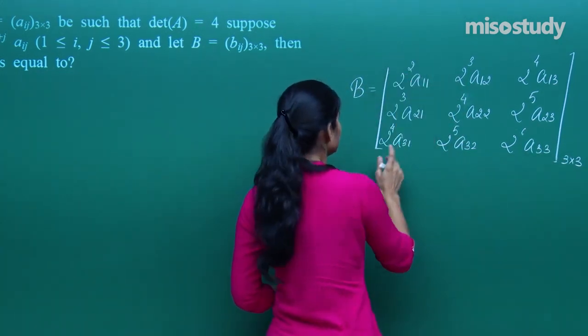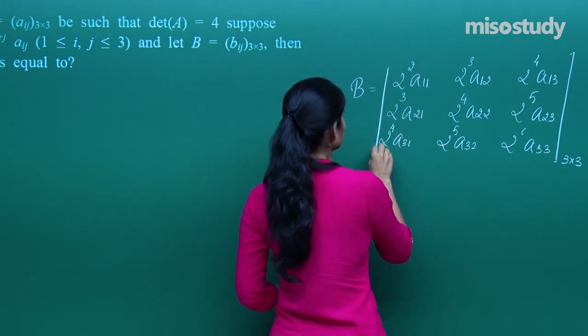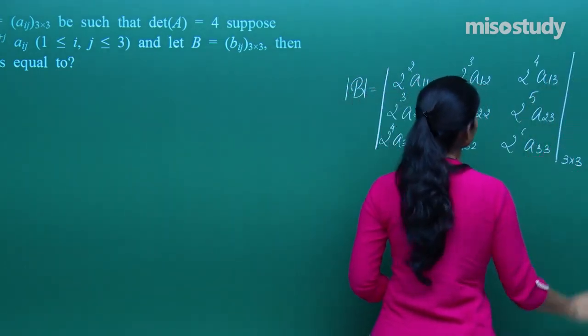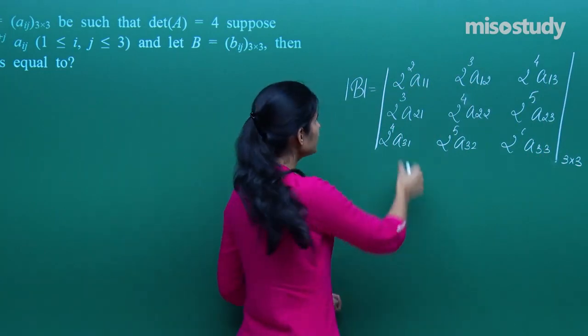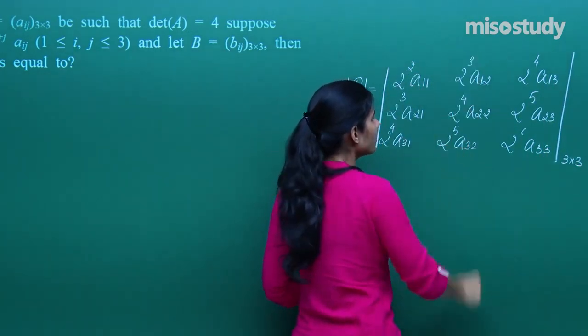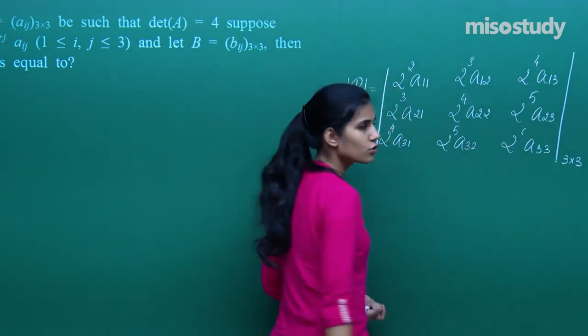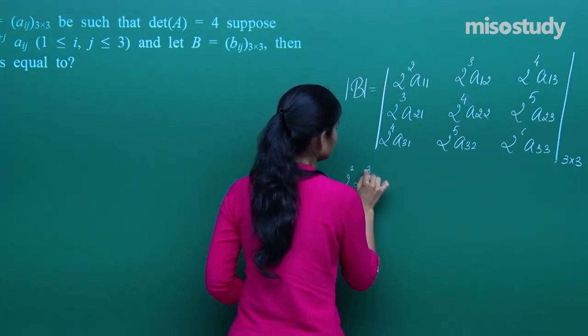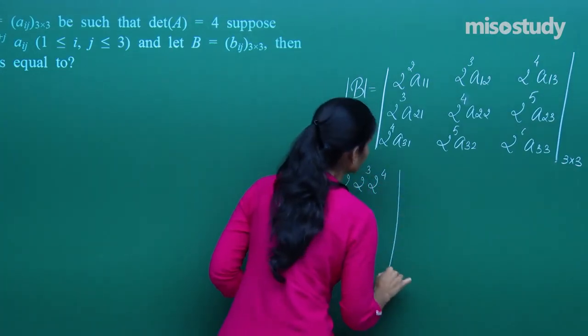What will be the determinant of this particular matrix? What is determinant of B? Let's compute that determinant. Now you can see 2 square common in the first column, 2 cube common in the second column, and 2 to the power 4 common in the third column. So I can write this as 2 square, 2 cube, 2 to the power 4 common.